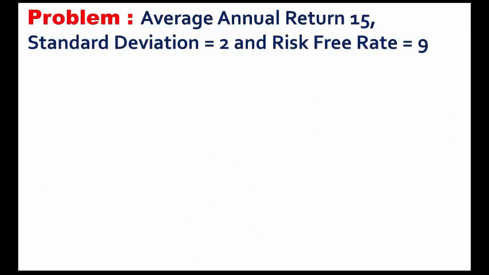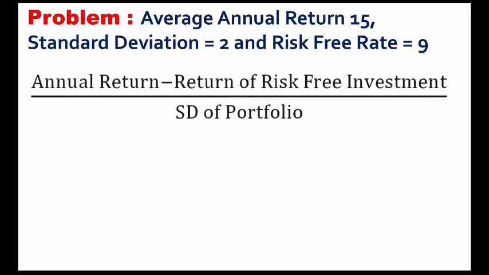Average annual return 15, standard deviation 2, and risk-free rate is equal to 9. Okay, what is the formula as per the Sharpe ratio? Annual return minus return of risk-free investment divided by standard deviation of portfolio.